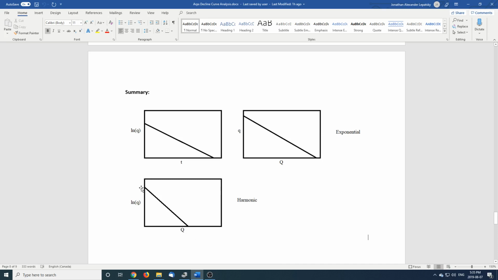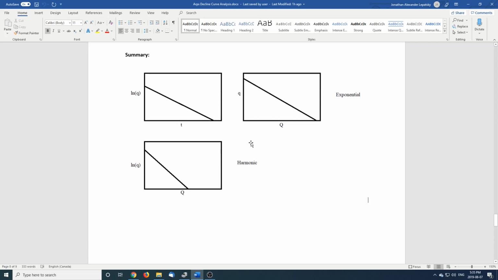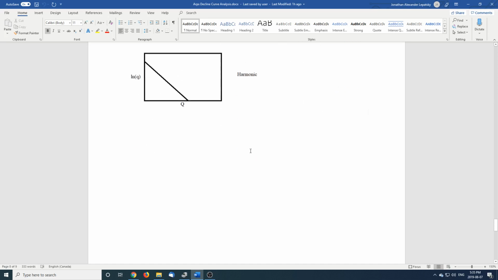If you get a straight line, then you have a harmonic. So basically, you make these three graphs, and if any of them give you a straight line, then if it's one of these two, it's exponential, and b equals 0. If it's this one, then b equals 1, and you've got a harmonic. If you plot these three graphs and none of them are a straight line, then you have hyperbolic. That's how you can tell which one you have.